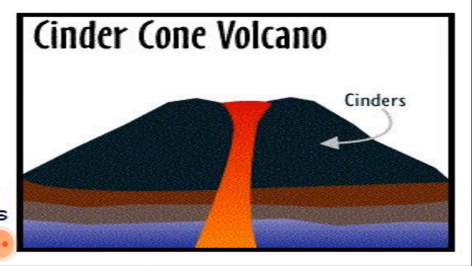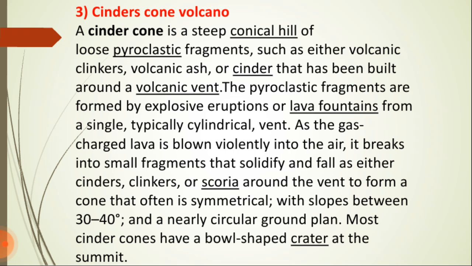The next is cinder cone volcano. A cinder cone is a steep conical hill of loose pyroclastic fragments, such as volcanic clinker, volcanic ashes, or cinder, that has been built around a volcanic vent. The pyroclastic fragments are formed by explosive eruptions or lava fountains from a single, typically cylindrical vent.